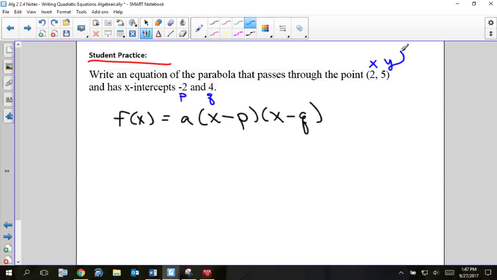Did you plug in your calculator and check it? Did it work?